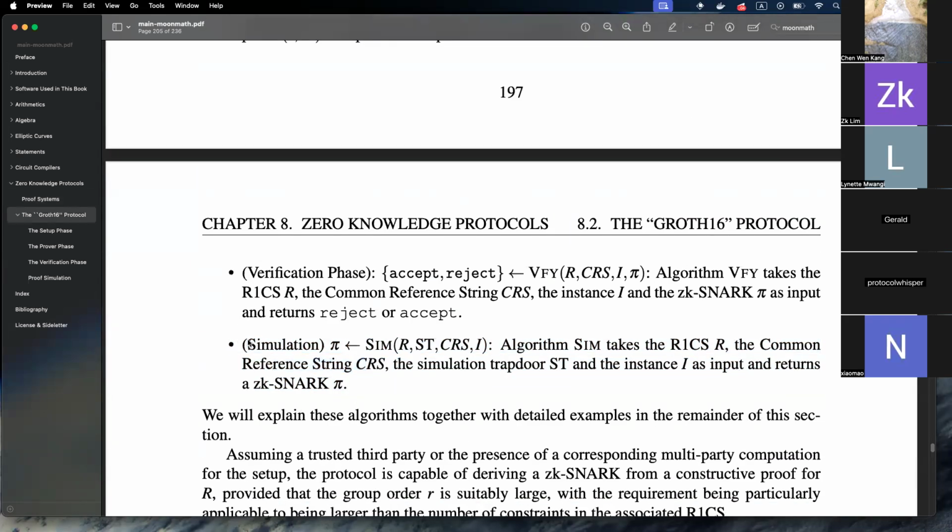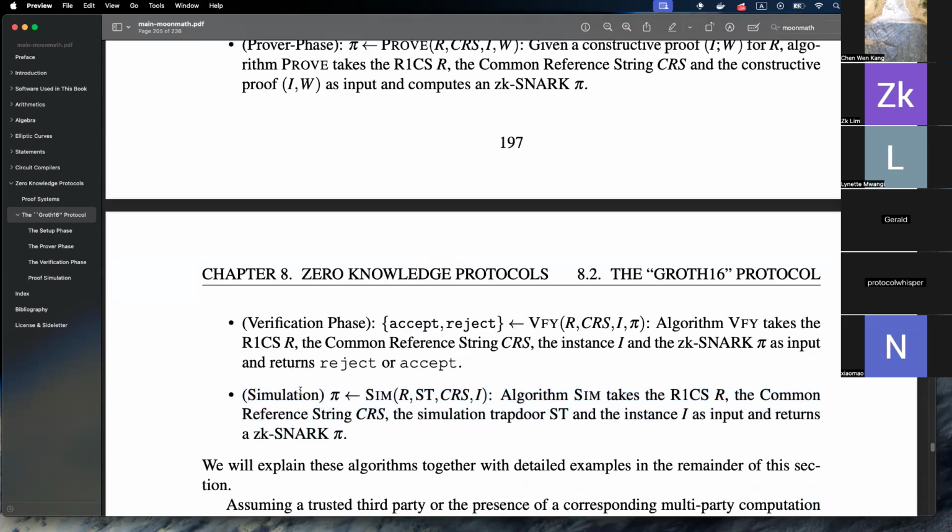You basically use this to show that, without the secrets, you cannot generate a false proof, a fake proof. Yeah. So in production, in an actual use case, usually we'll look at these three phases: setup, prover, and verification.